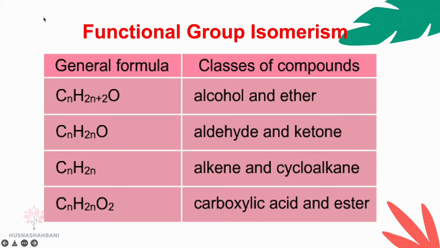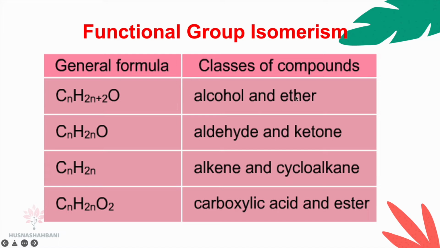Next, functional group isomerism is found between alcohol and ether, because they have the same general formula, CnH2n+2O. This is the general formula for alcohol, and ether also has the same general formula.